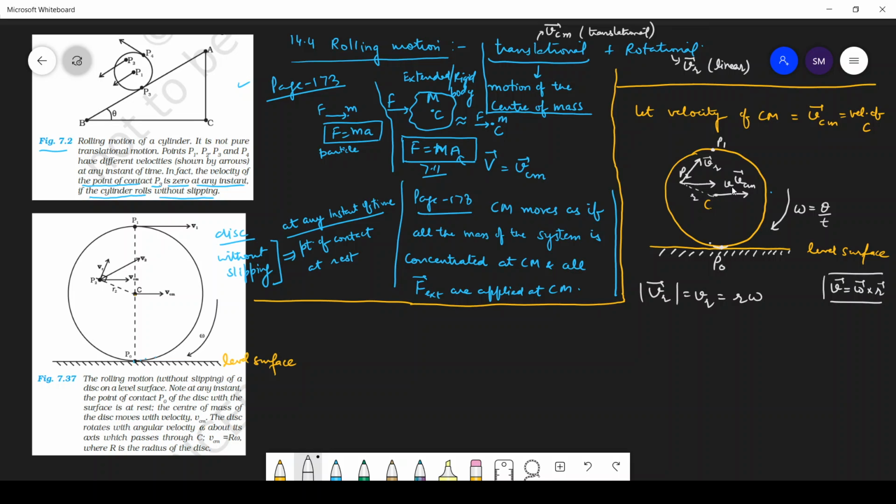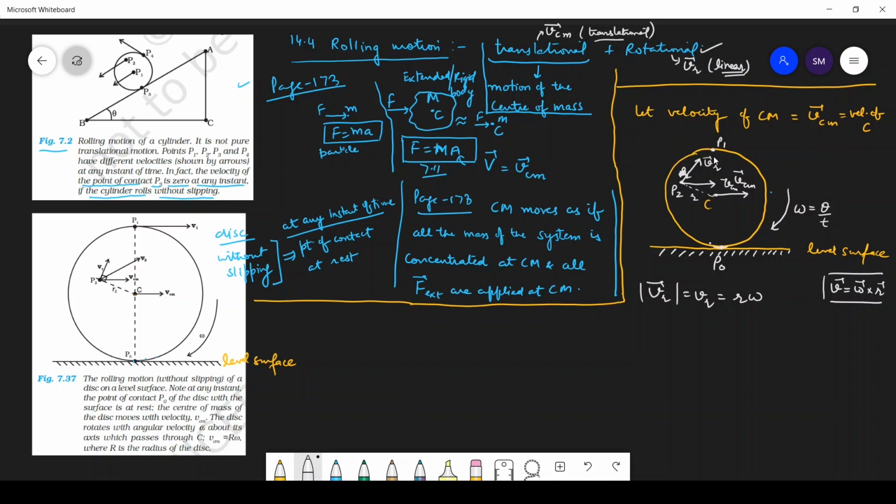So this is the translation velocity at this point P2. This VR is your linear velocity, that is your rotational part, and this VCM is your translational part.